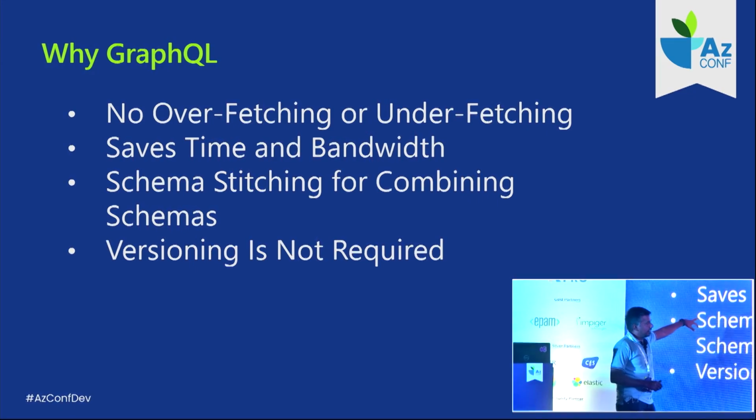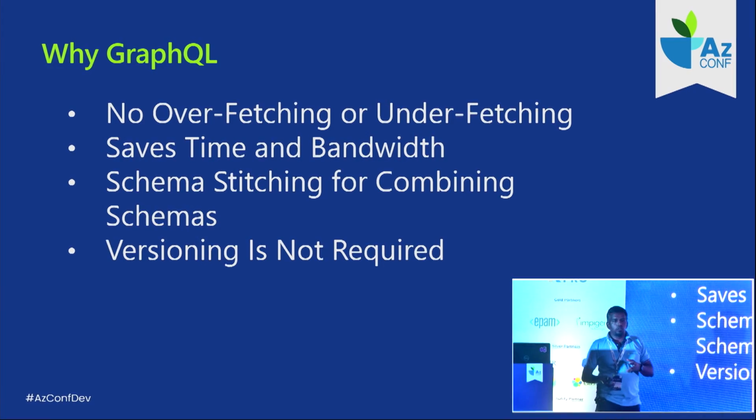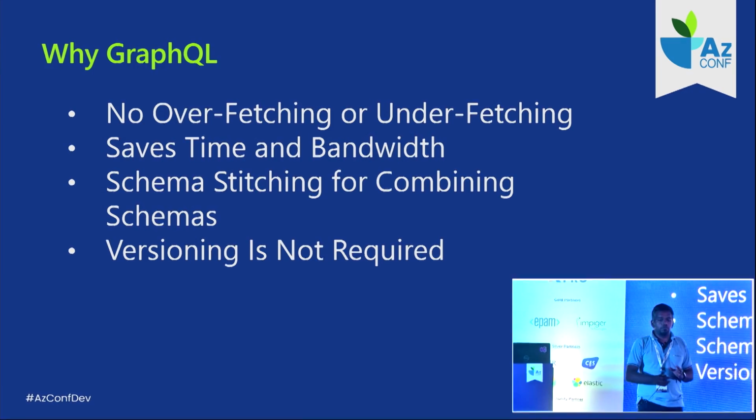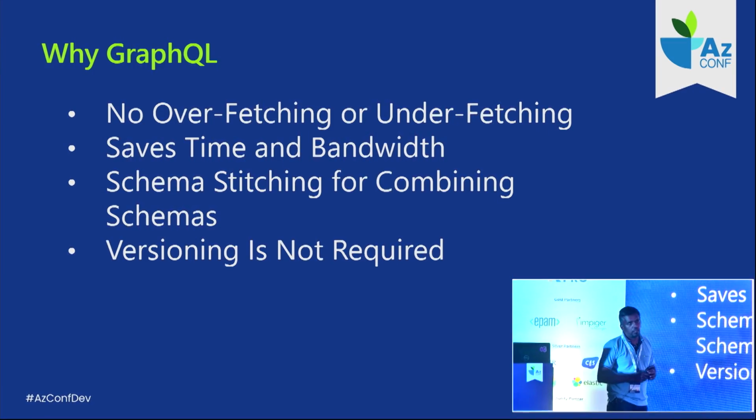Schema stitching, it's a little complex. For example, if I want to get data from multiple data sources, REST APIs, I can do schema stitching. And another thing is, if you look into a REST API and you are introducing a new feature, we will be introducing a new version, right?